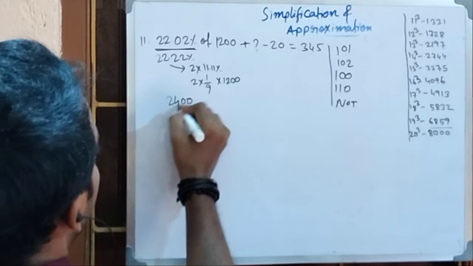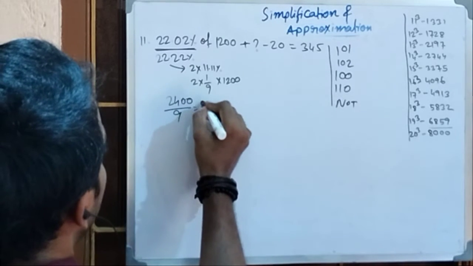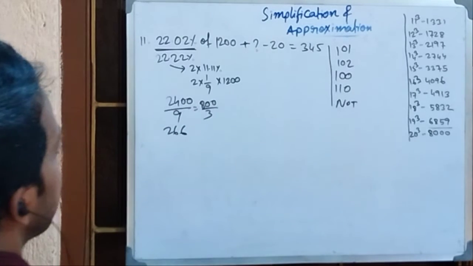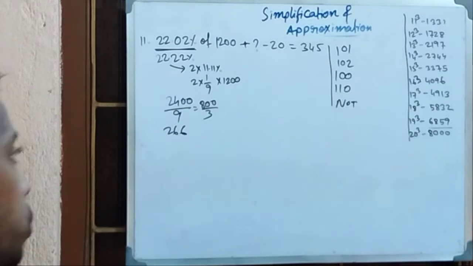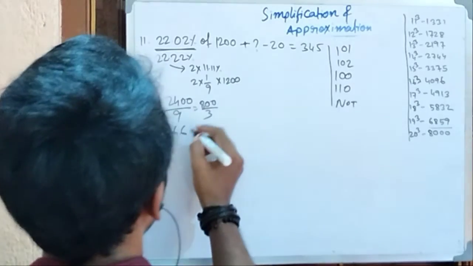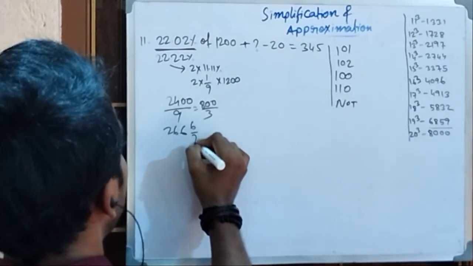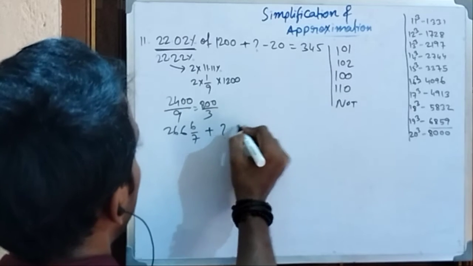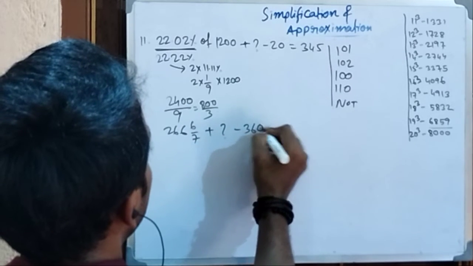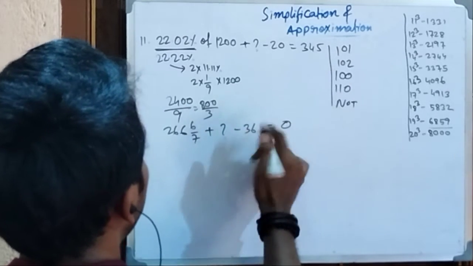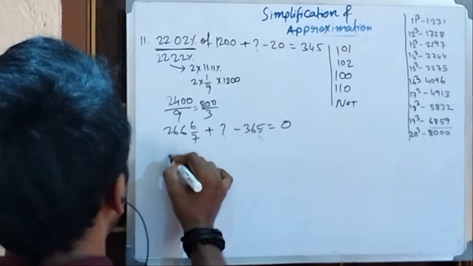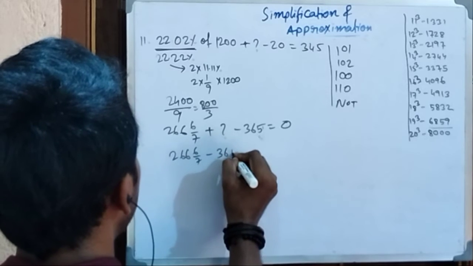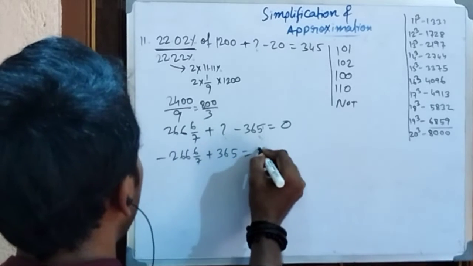I can do it like this. 800 by 3, 266 comes in, right? So 266, 6 by 7, plus question mark, minus 365. So 266, 6 by 7, minus 365, and this is the question mark.